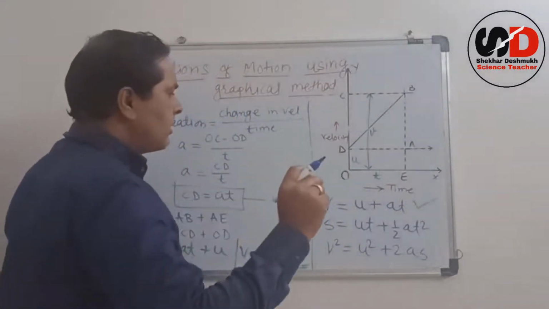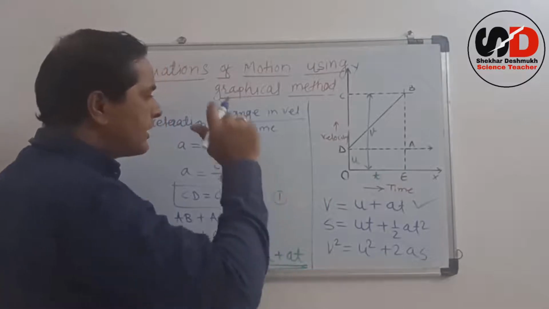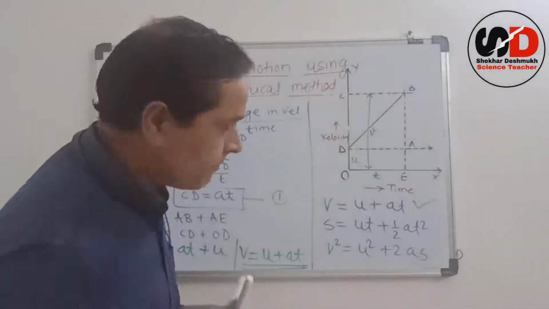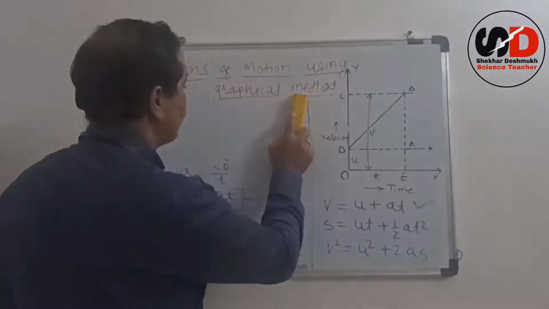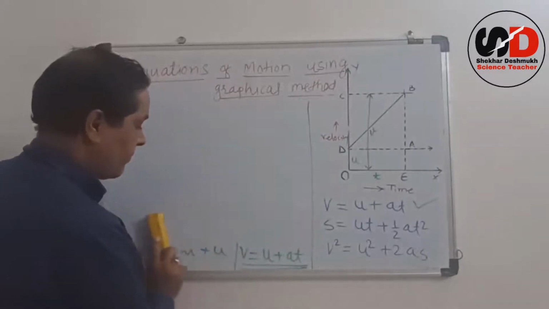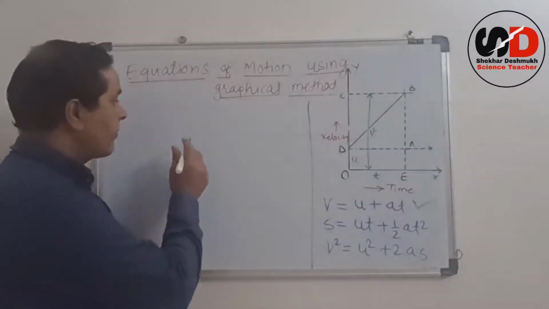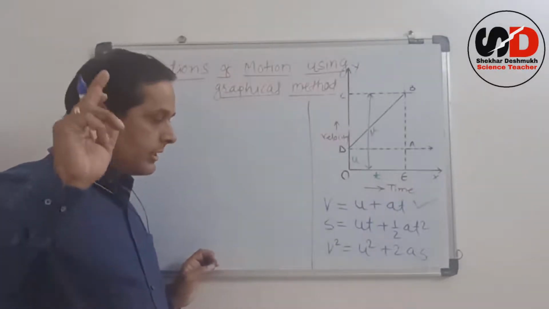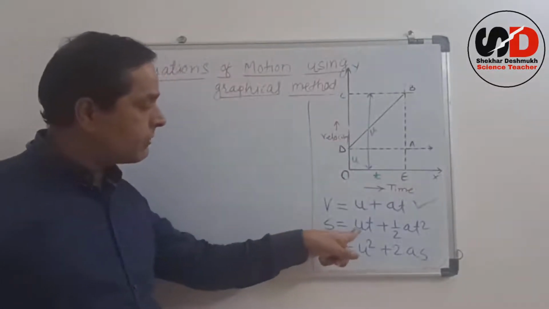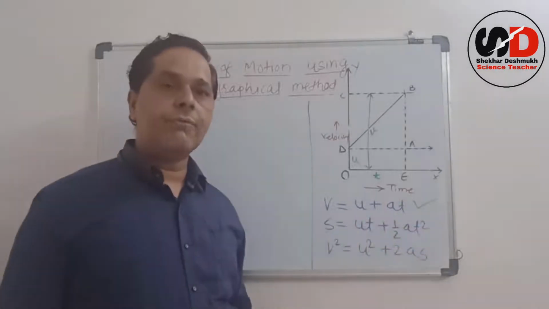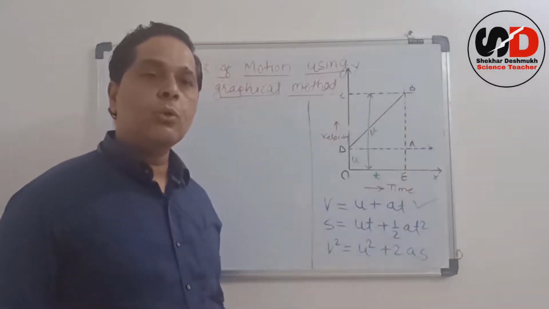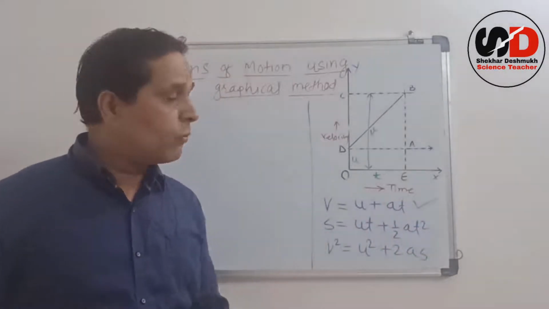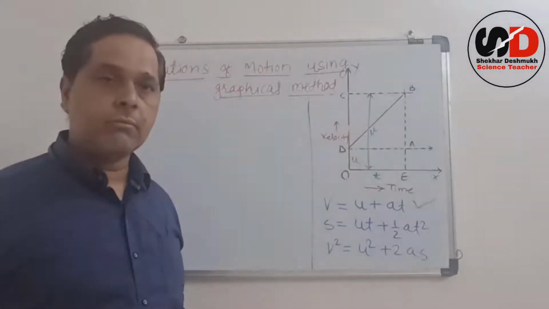So this is the first equation of motion. So let us prove the second equation of motion. So what is the second equation of motion? The second equation of motion is s is equal to ut plus half at square, which we are going to prove by using this graph.